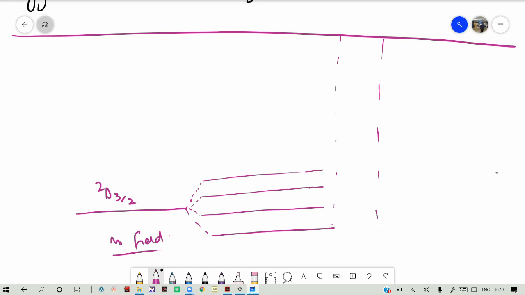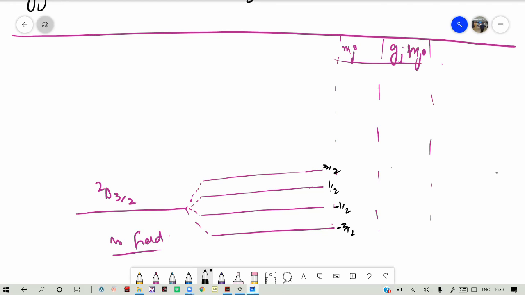So here I will write GJ MJ, and I can write MJ corresponding to this level as minus 3 by 2, minus 1 by 2, 1 by 2, 3 by 2.